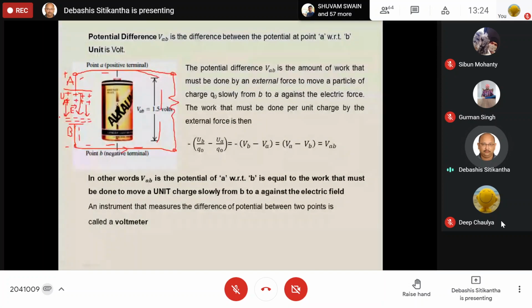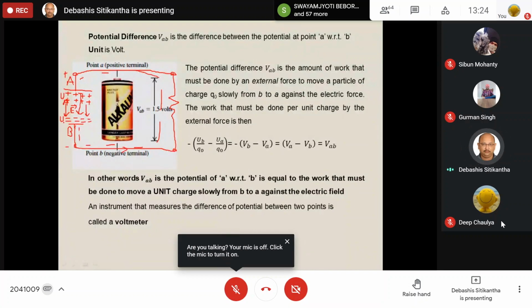Similarly, all the electrons are pushed and dumped on side B, and since they are separated from the positive charges, they gain some energy, that is UB.